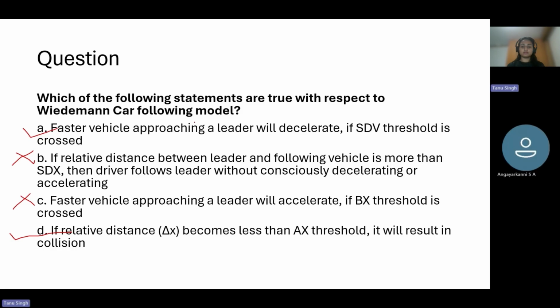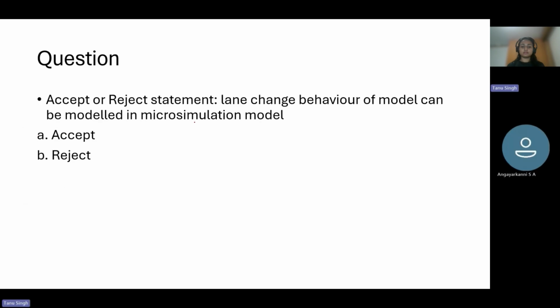Now coming to the next question: accept or reject the statement, lane change behavior can be modeled in a microsimulation model. A, accept, or B, reject.